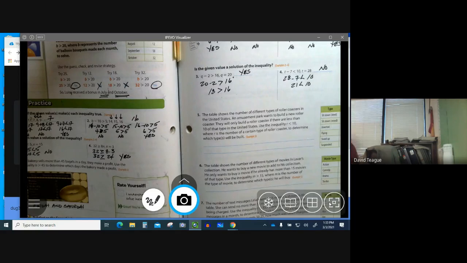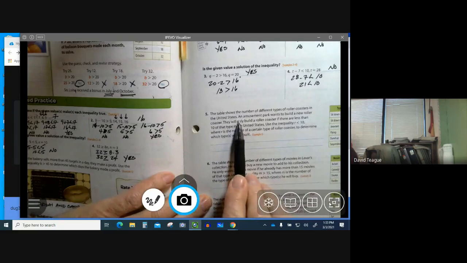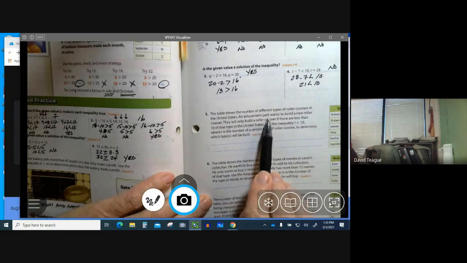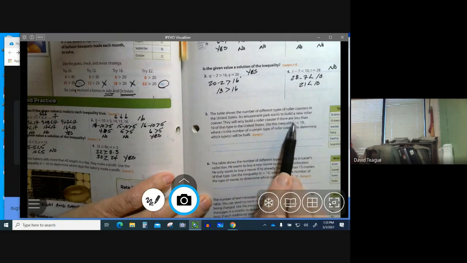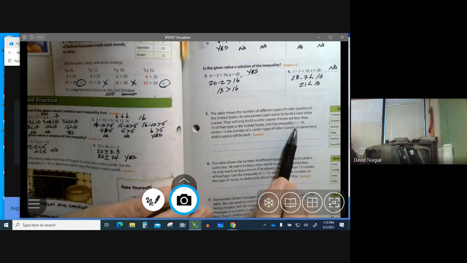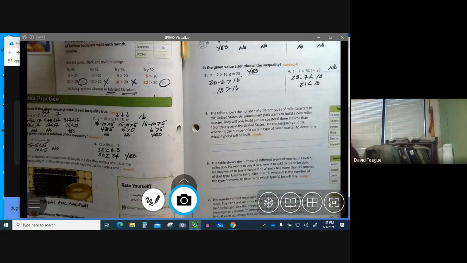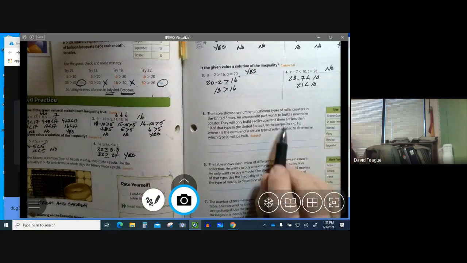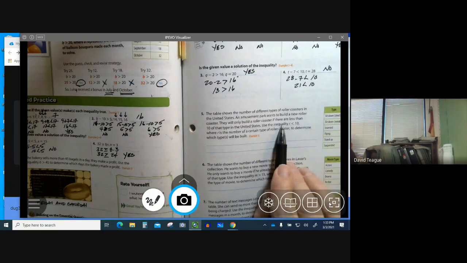Okay, the table shows the number of different types of roller coasters in the United States. An amusement park wants to build a new roller coaster. They will only build a roller coaster if there is less than 10 of that type in the United States. Use this inequality, R is less than 10, where R is the number of a certain type of roller coaster, to determine which types will be built. So we're going to go over here and look at our chart. And we're going to look at this inequality, and we're going to plug each one of those in, right?